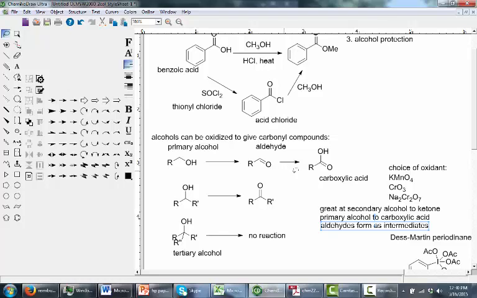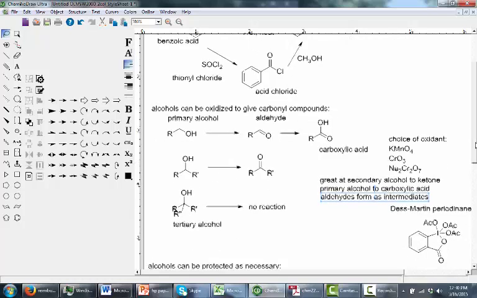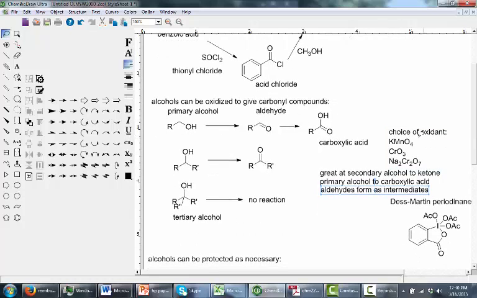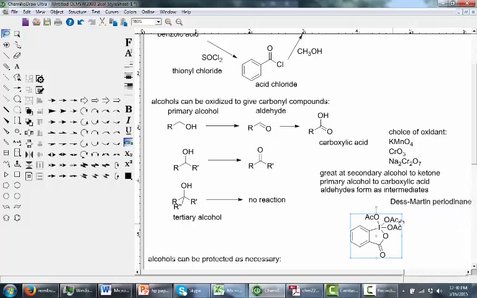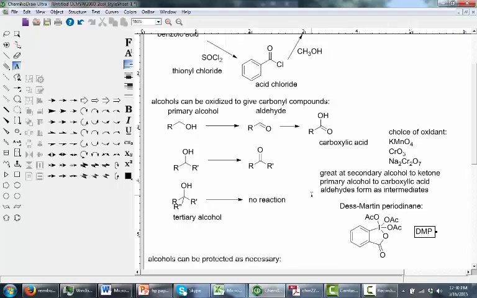Now, what are my options if I want to stop at the aldehyde? Well, then I really can't use any of these kinds of metal-containing oxidants. Instead, I have another choice here. This is called Dess-Martin periodinane, or DMP for short. Okay, so I'm just going to abbreviate that as DMP. And this is the structure of the DMP.